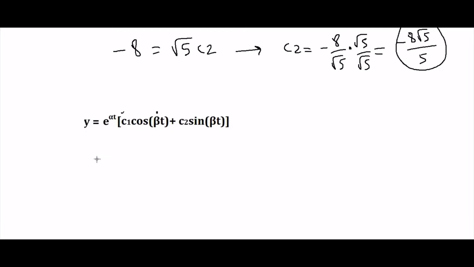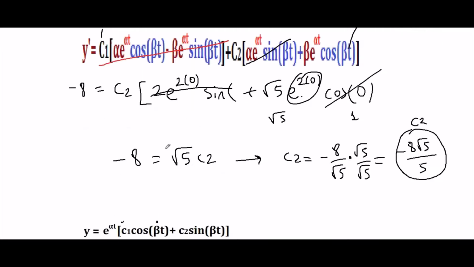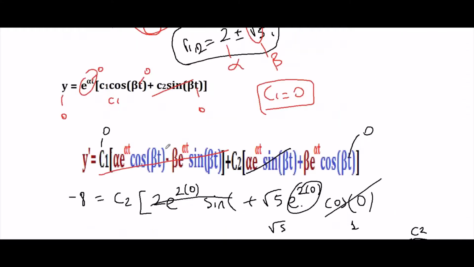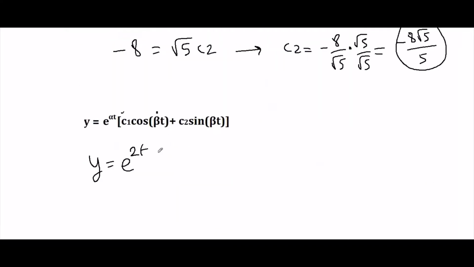So y equals e to the alpha t, which is 2t, and this term is gone because our c1 value is 0, and our c2 value is negative 8 root 5 over 5 times sine of beta t, which is root 5 t. So this is our unique solution.